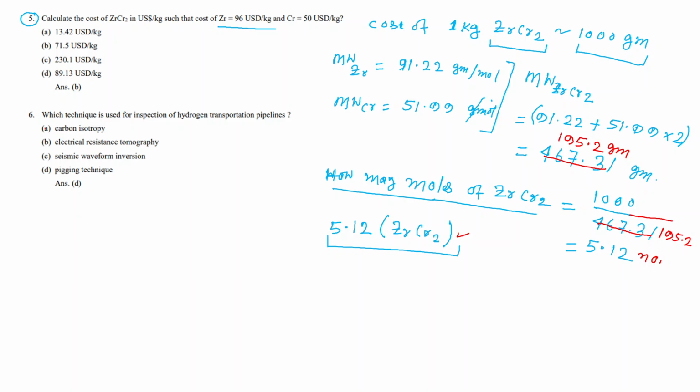Now coming to the cost estimations. Here it is given that for Zr, 1 kg of Zr costs 96 USD.